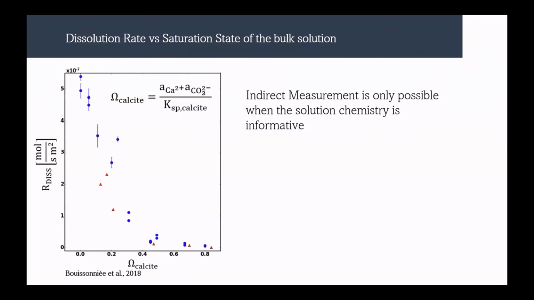So if we have this kind of curves, and we measure the dissolution rate through direct measurement, then we can enter this graph, and by knowing the dissolution rate, we can back-estimate the saturation state with respect to calcite under which the reaction took place.